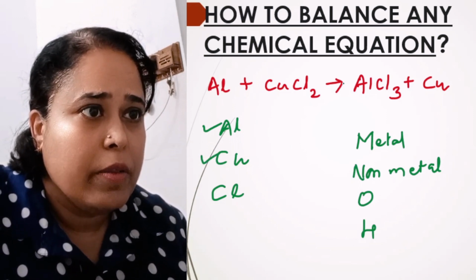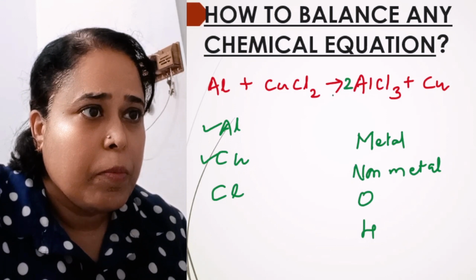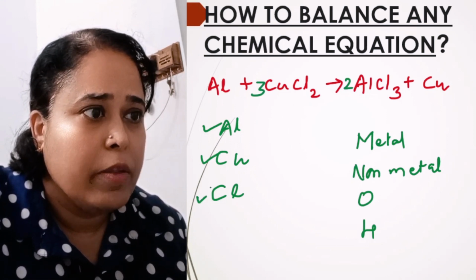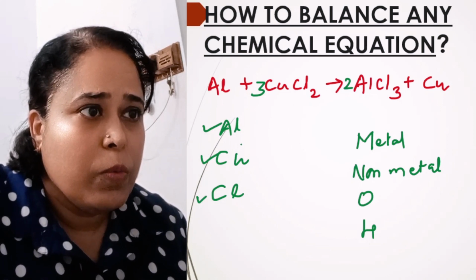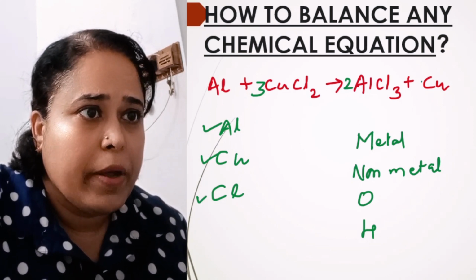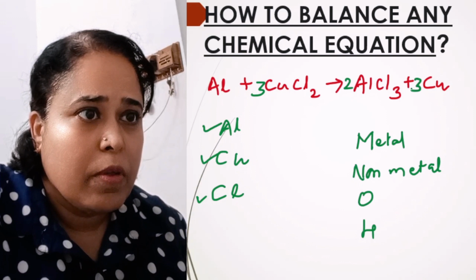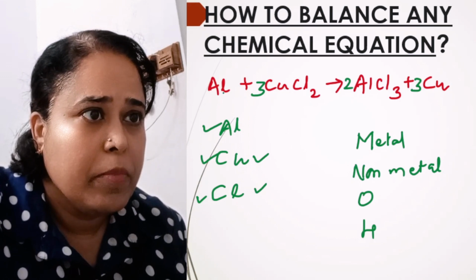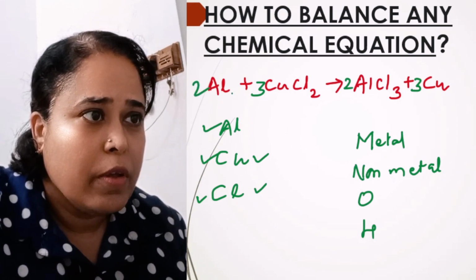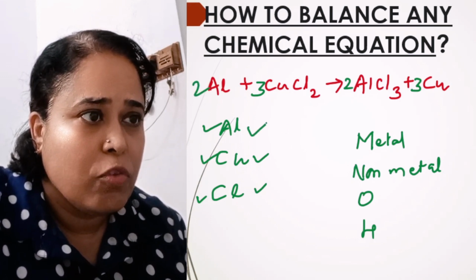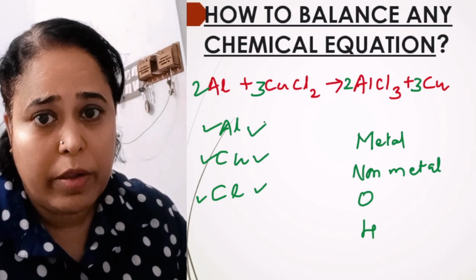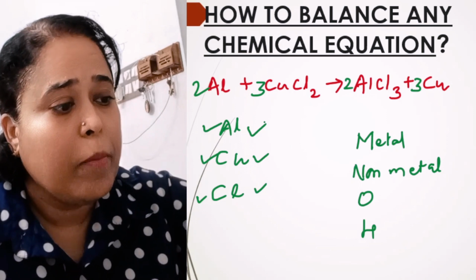Chlorine is not balanced. So chlorine is also balanced. Now copper is not balanced. Copper is also balanced. Chlorine is also balanced. Aluminium is not balanced. Aluminium is also balanced. So this way we balance chemical equations applying the trick.